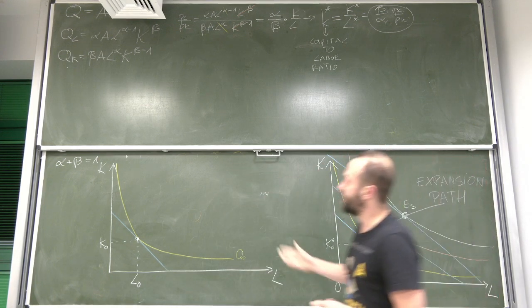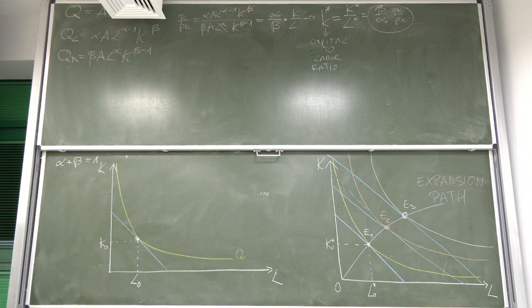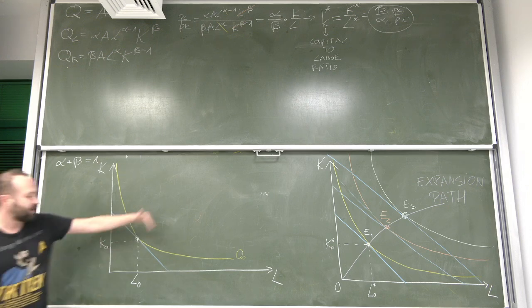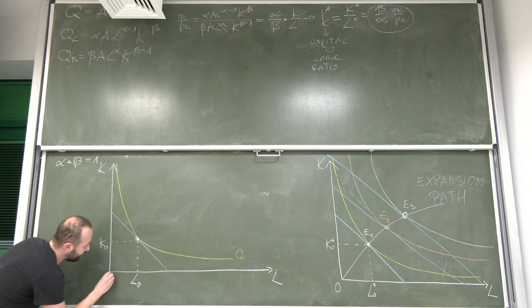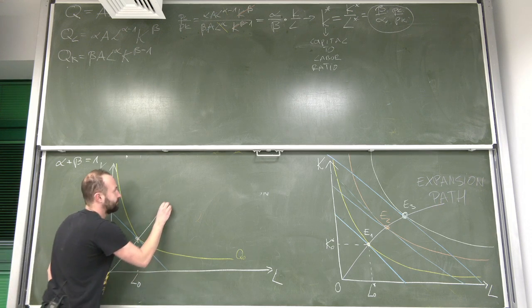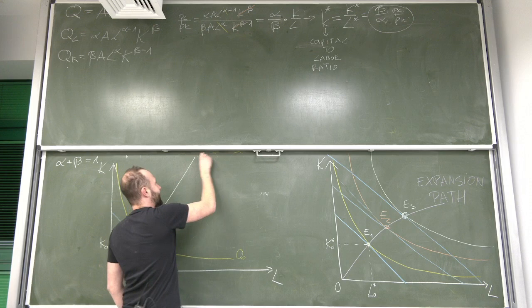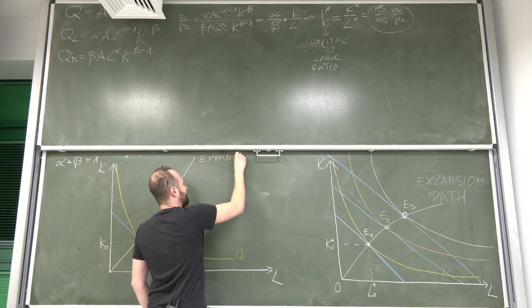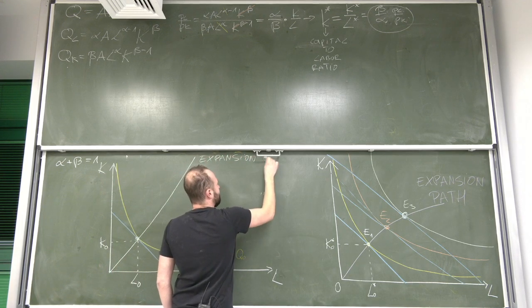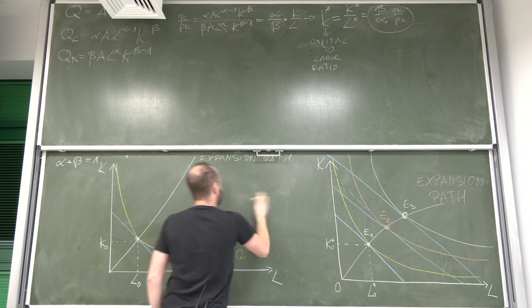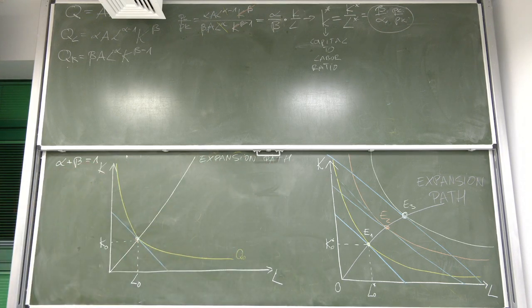Okay, now what we know over here is that this ratio of capital to labor is going to be maintained regardless of how much we produce. So we might say that I am ready to draw an expansion path. Okay. So now what will be happening over this path?